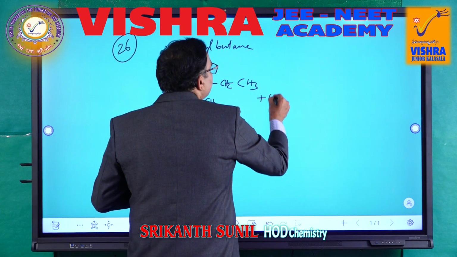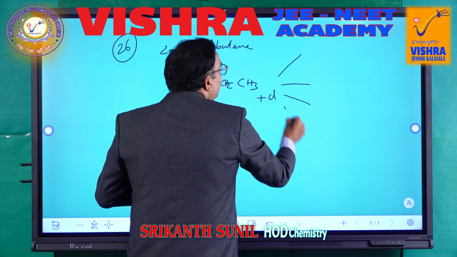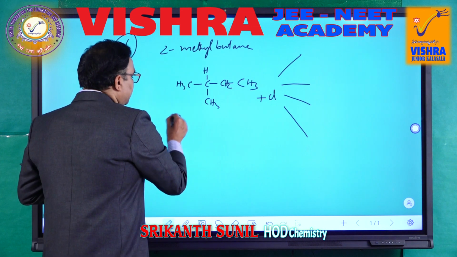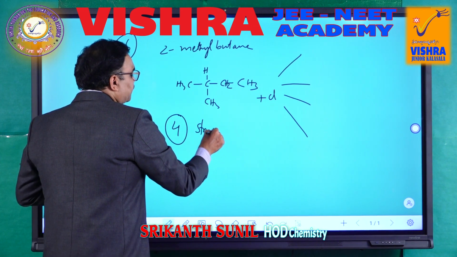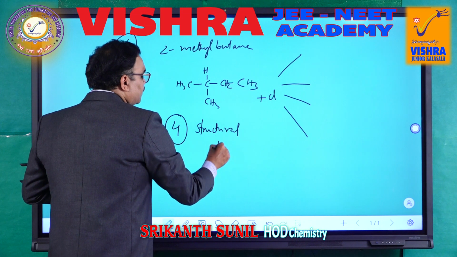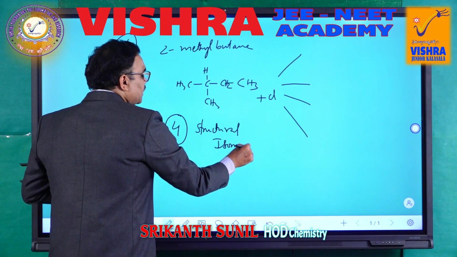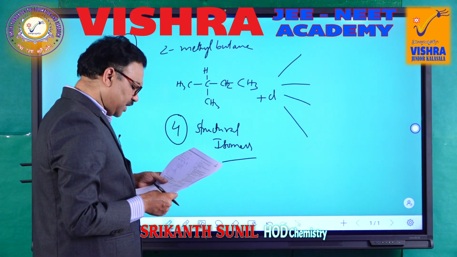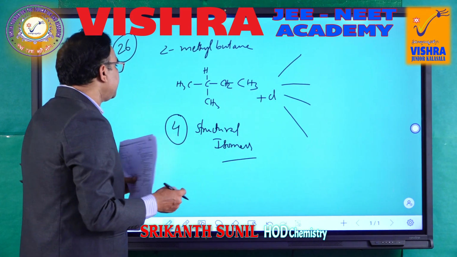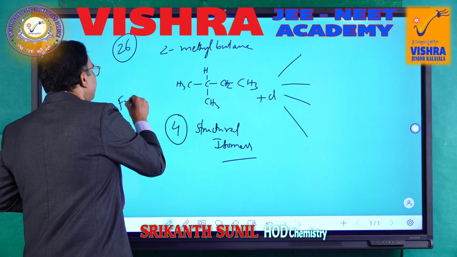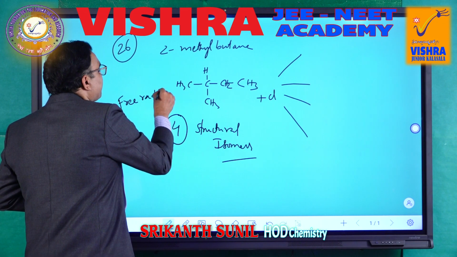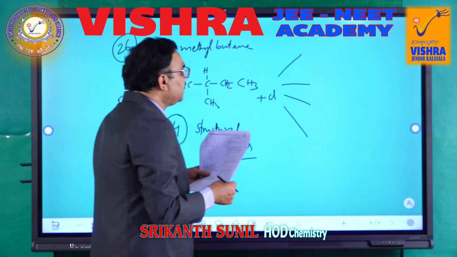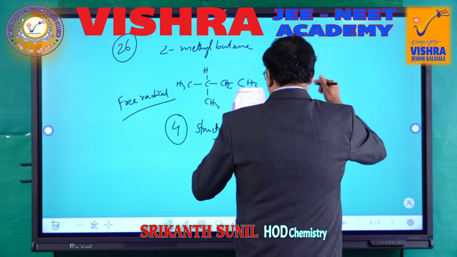To this you are adding chlorine. Then what are the compounds that are formed? We are going to get 4 structural isomers. Of course, chlorination is a free radical mechanism reaction.